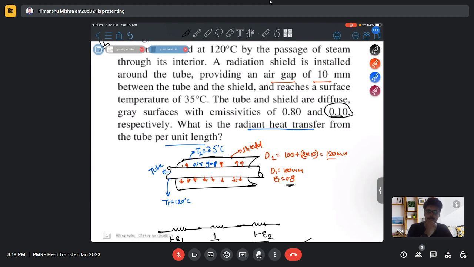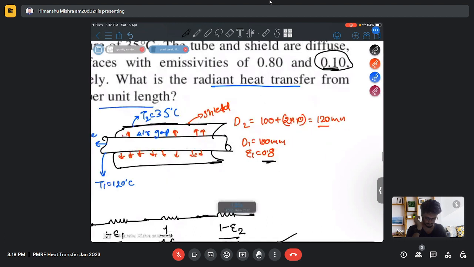Can you just repeat? Emissivities, one will be inside, which is facing the pipe, and another will be outside, which will be facing the ambient air.